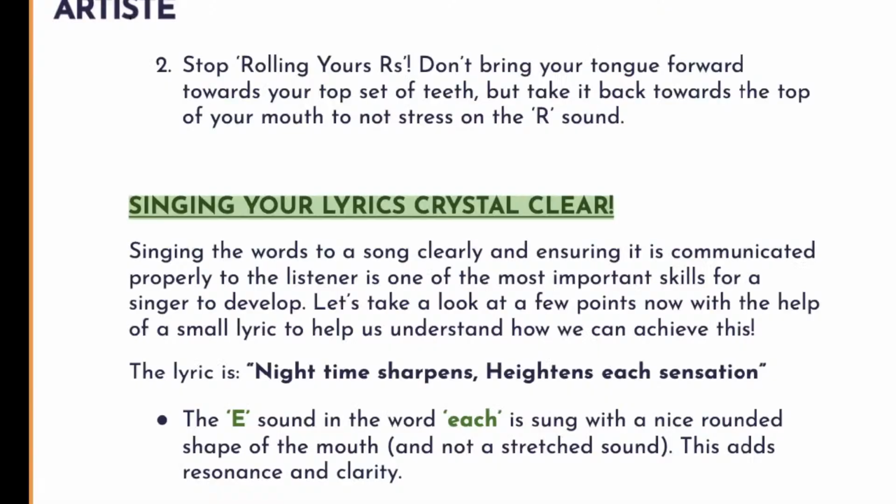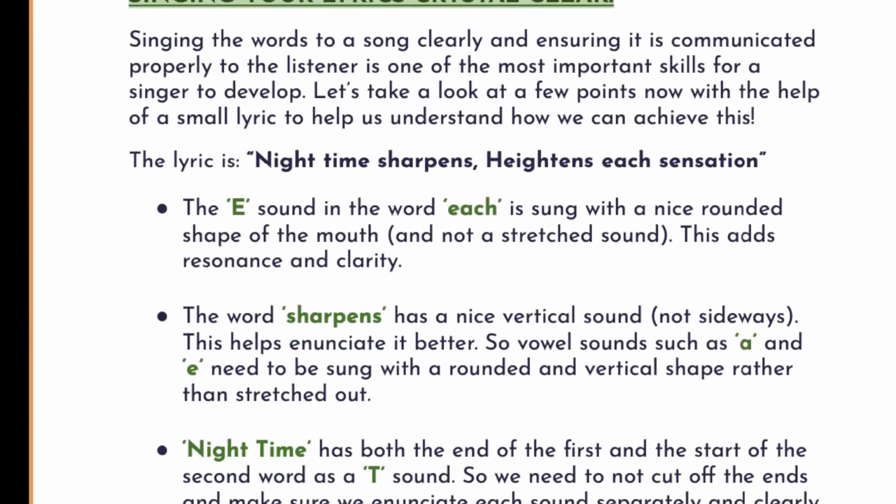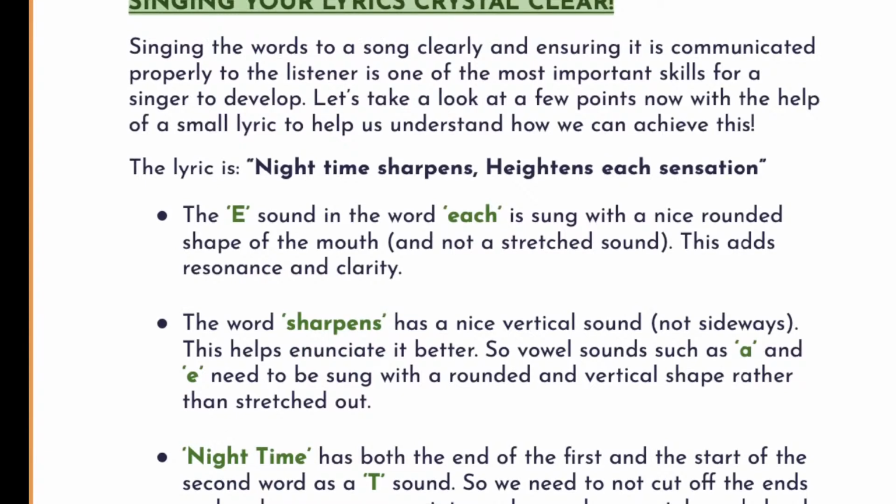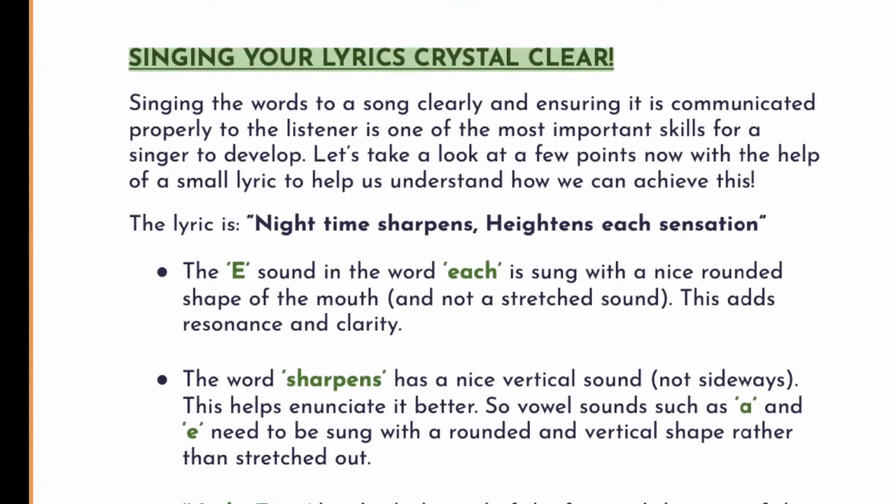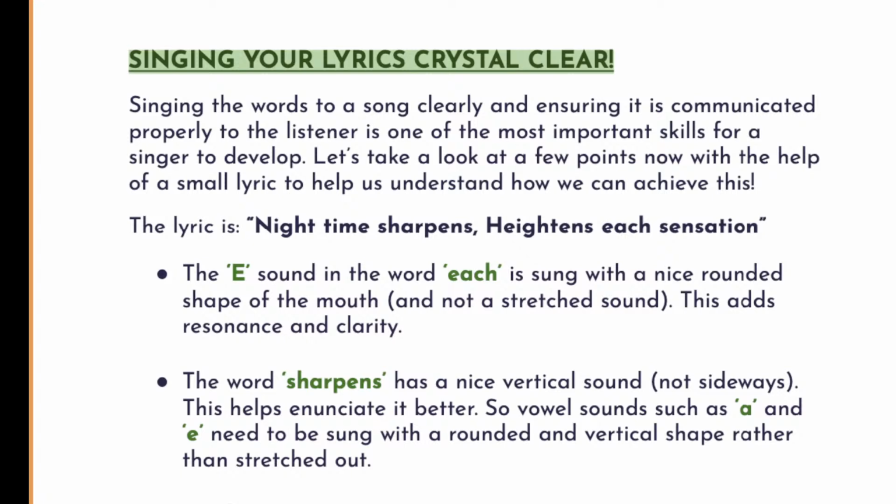Now the next point is the word sharpens has a nice vertical sound to it. It's not sideways. Again, this helps enunciate it better. So vowel sounds such as ah or e need to be sung with a nice rounded and vertical shape rather than stretched out. Sharpens, sharpens. It's not horizontal, it's more rounded and vertical.